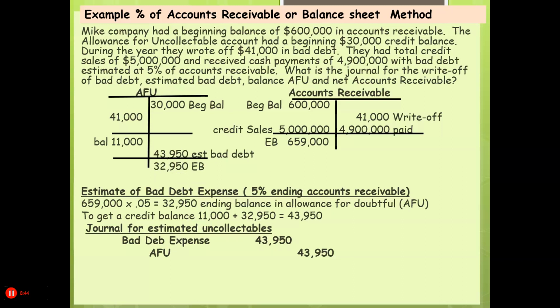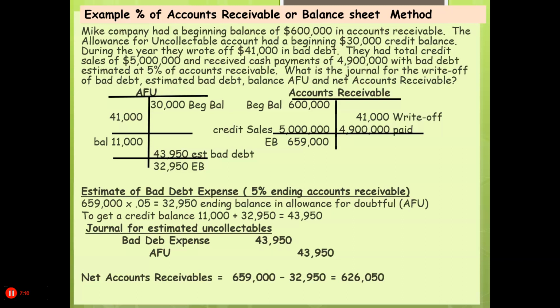Now, when we enter that, if you notice, we do get that ending balance that we were looking for, $32,950, which is the balance that we were looking for right here. Now that gives us net receivables of $626,050.